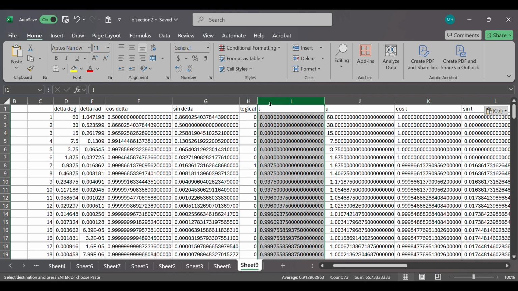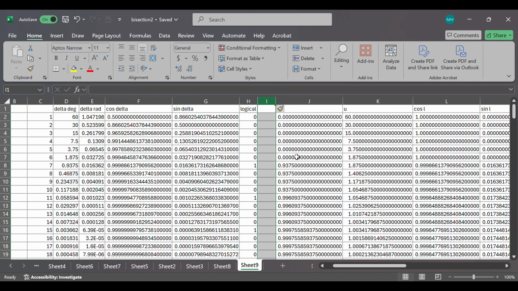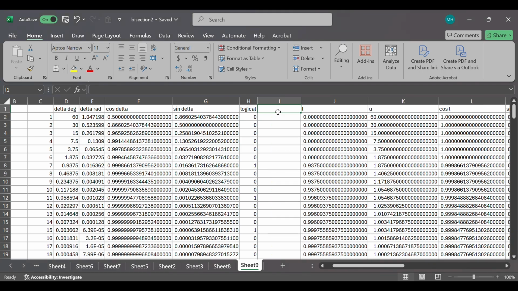We're going to insert a new column, and we'll make it a little wider so we can see what we're doing. And then we'll call it remainder. The remainder starts at the target.